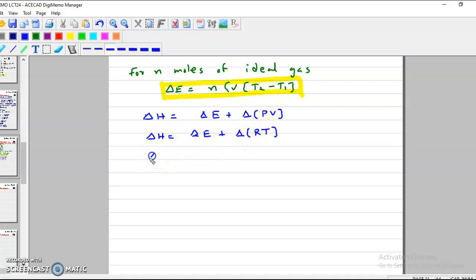R is constant, so we write delta H is equal to delta E plus R delta T. Or delta H is equal to CV into (T2 minus T1) for delta E plus R into (T2 minus T1).